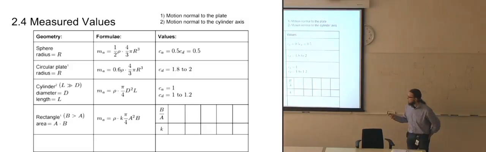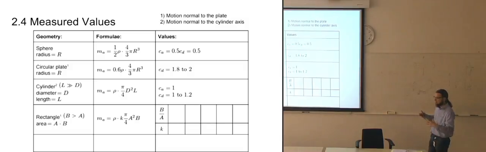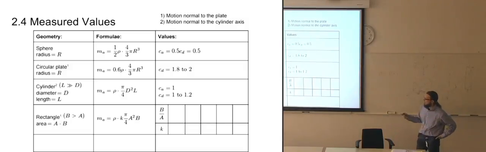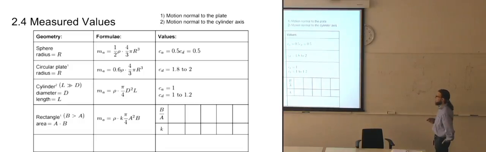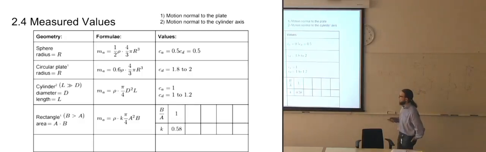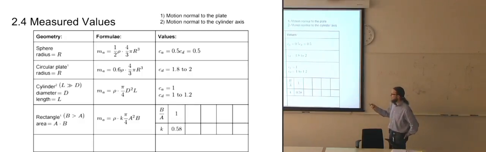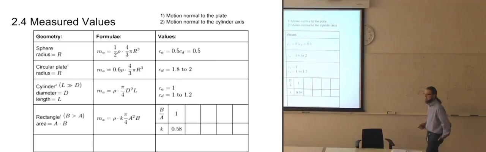And then we have the next one, which is just a basic rectangle. Again, the one side has to be larger than the other one in order to look at this one. To be fair, for the very first value they have here, they are saying that B and A are equal to each other, so I'm not quite sure why they are saying that B has to be larger than A. For some reason they're putting this in.